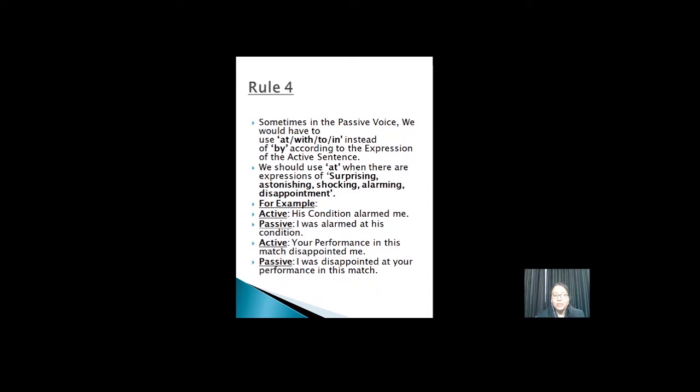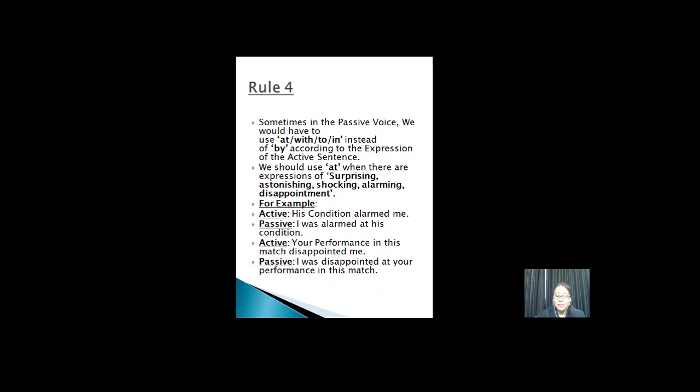When these words come, we will use "at" in place of "by." So: His condition alarmed me. I was alarmed at his condition, not by his condition. "By" will be wrong. Your performance in this match disappointed me. Again: I was disappointed at your performance in this match. So again, we will not use "by."